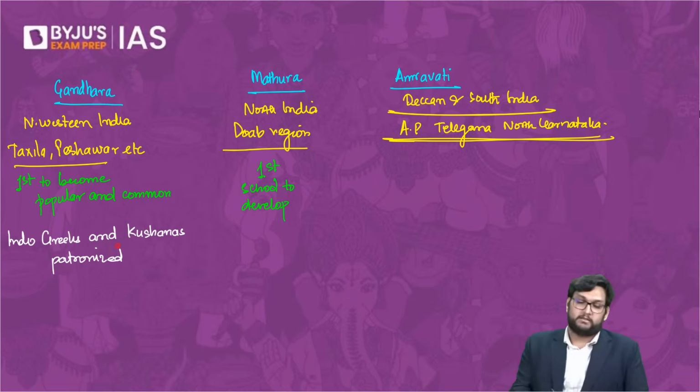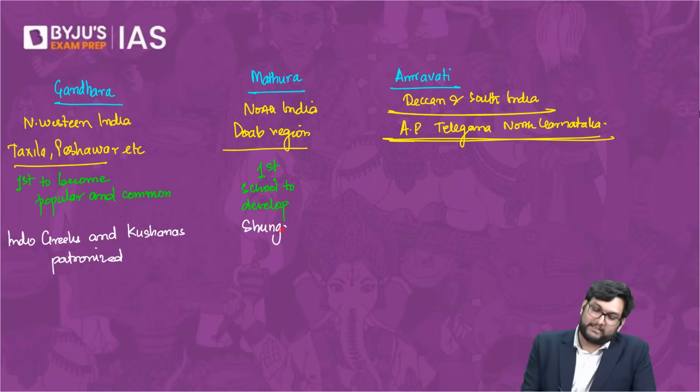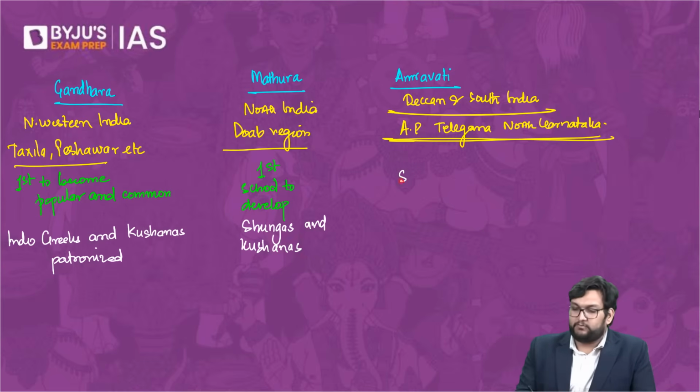Mathura would be then Shungas, Kushanas, and Amravati would be Satavahanas and other regional kingdoms.